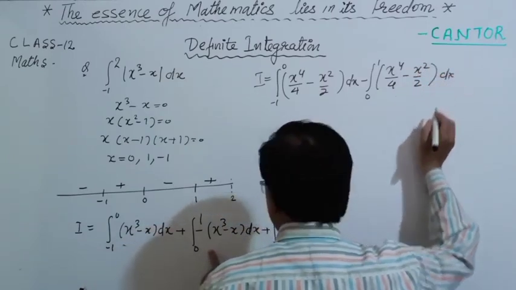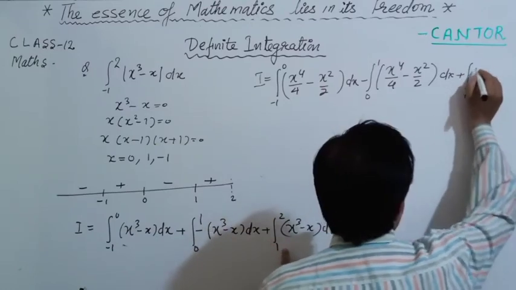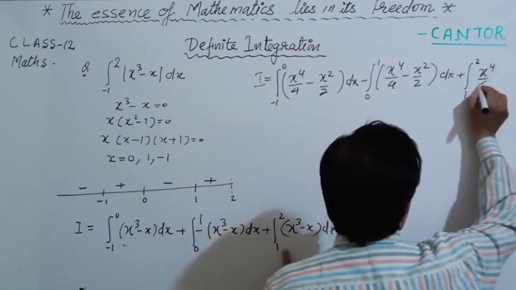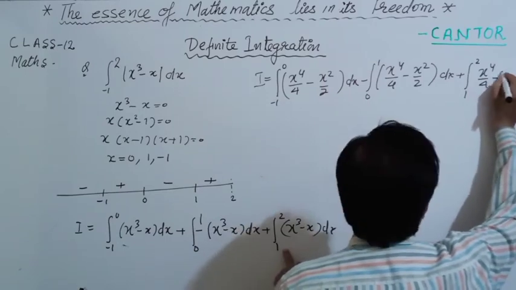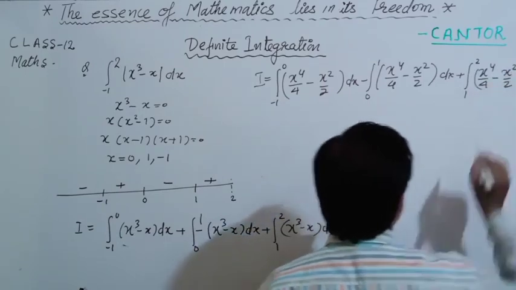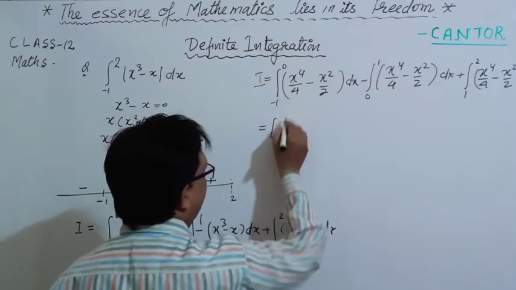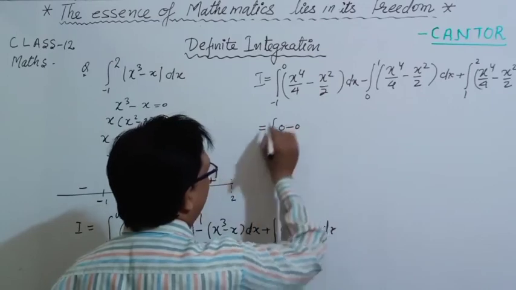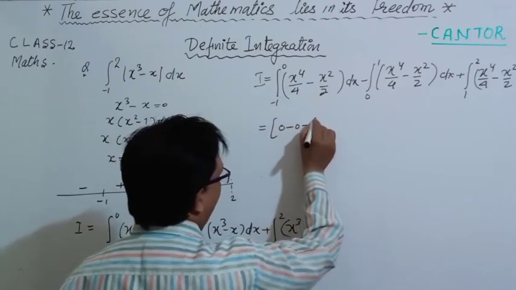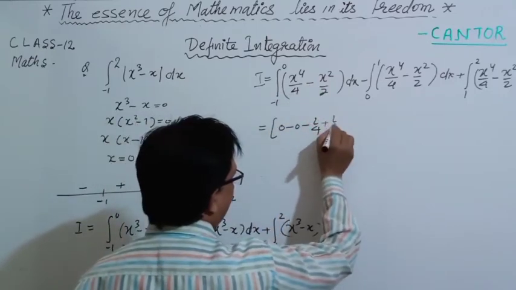Now here this is negative, from 0 to 1, x^4 upon 4 minus x square by 2. Again this is positive, plus from 1 to 2, x^4 upon 4 minus x square by 2. Now student, we apply limits. First we apply limit 0, this is also 0. When minus 1, this is minus 1 by 4, and minus minus becomes positive, this is 1 by 2.